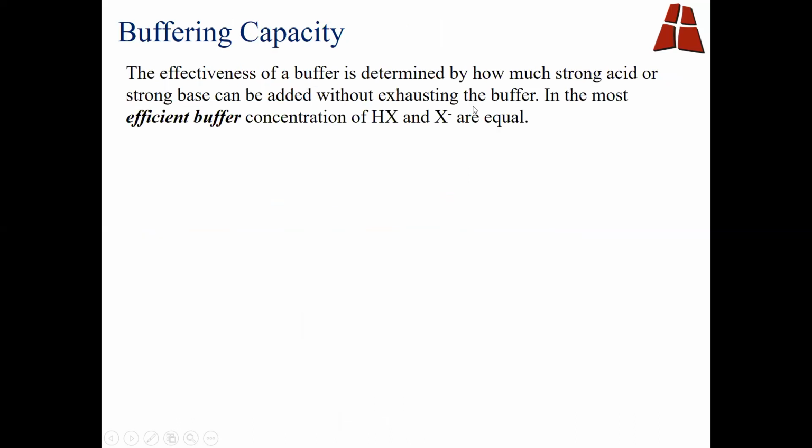This also leads us to some of the terms related to buffers. So buffering capacity. This is defined by the effectiveness of a buffer, by how much strong acid or strong base can be added without essentially running out of usable parts of the buffer. And in our most efficient buffer, the concentration of our weak acid and weak base are going to be equal.